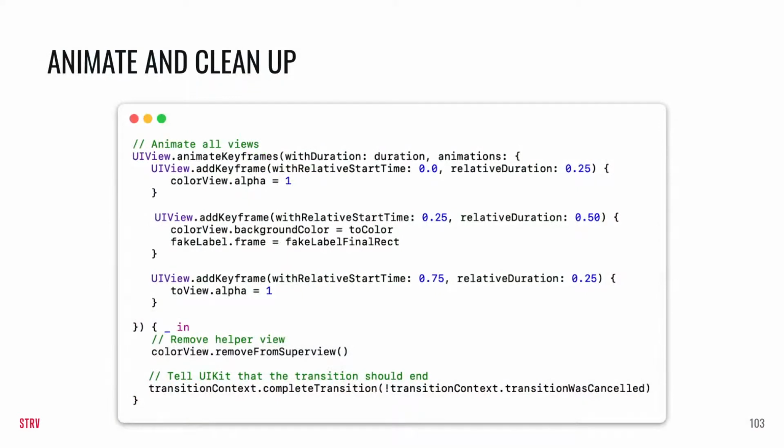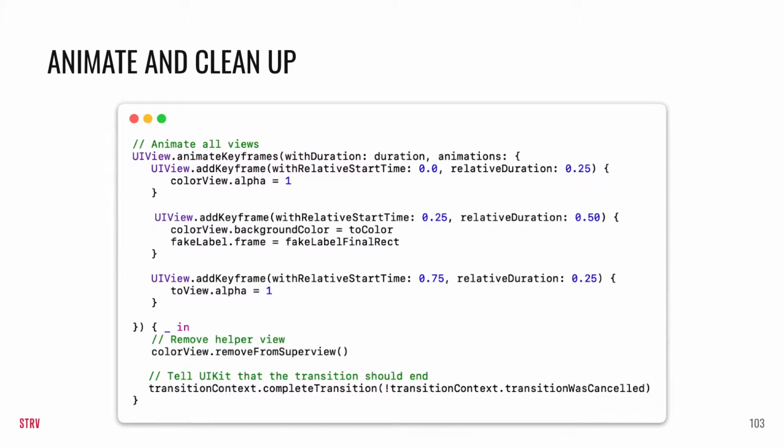The color view with the fake label would fade in. Then this view will start changing its color to match the color of the second view controller. And the fake label will start to move from the middle to the top and vice versa. Once this is done, we are just fading in the destination view controller.